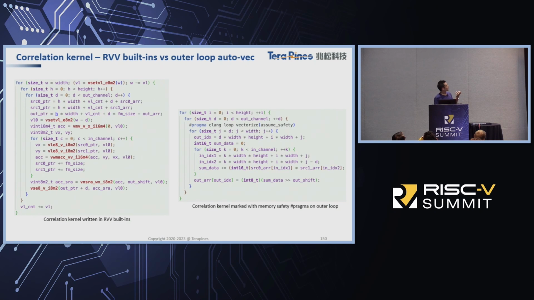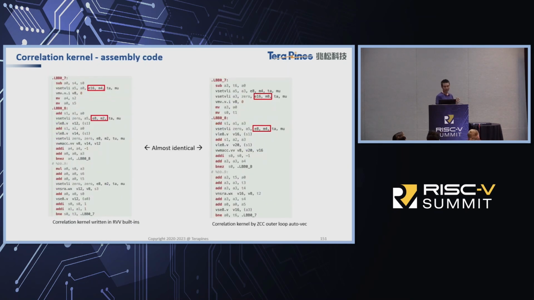Both sides of the source code work the same. You can see the generated assembly for these two kernels. The left side is generated from the built-in functions. The right side is generated with RVV auto-vectorization.